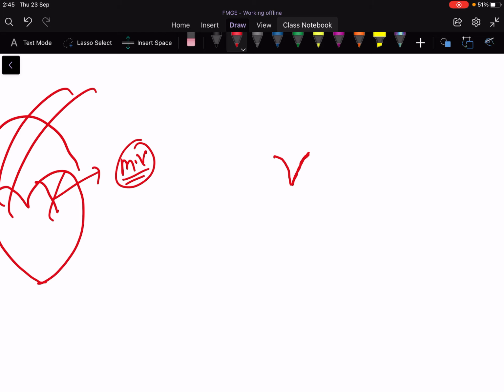So this is the mitral valve, and suppose the immune complexes are deposited here. So these are now your vegetations, that are immune complex vegetations.